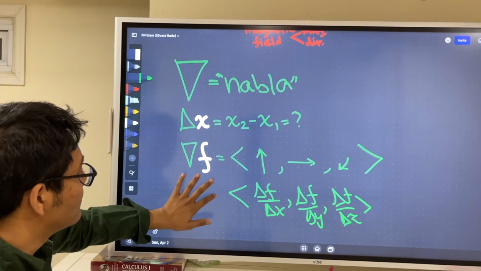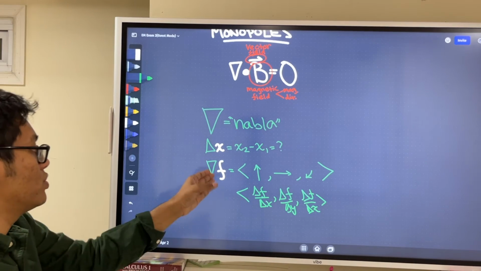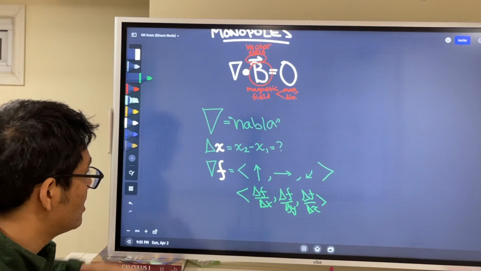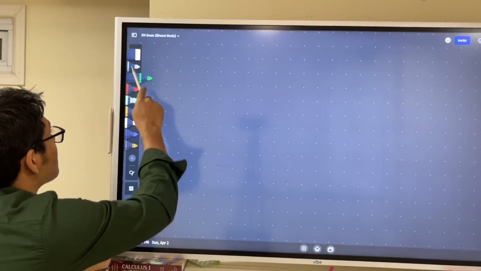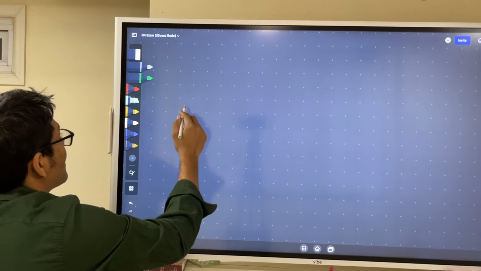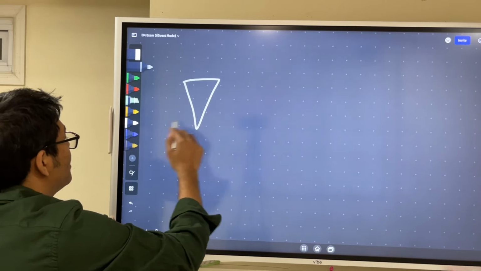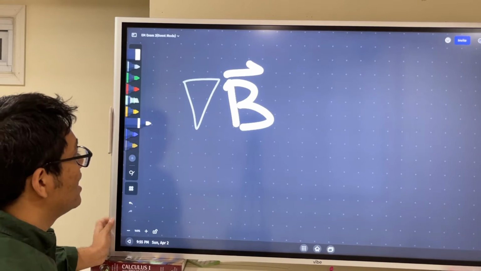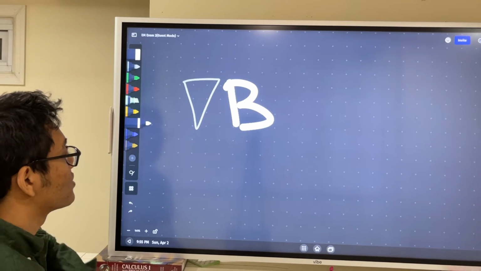Now, there are different ways you can mix and match this Nabla, this upside down triangle, with a function, and let me show you the three different ways. You can straight up apply Nabla to a function. I'm going to call my function B for the magnetic field. If I do that, there's no harm in that. Now, it has to be a scalar function, sorry.